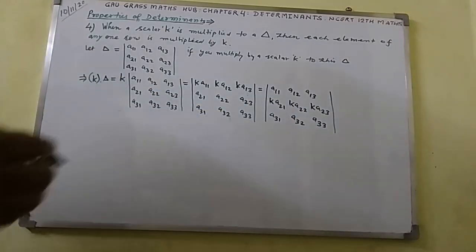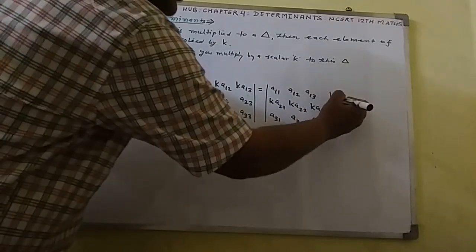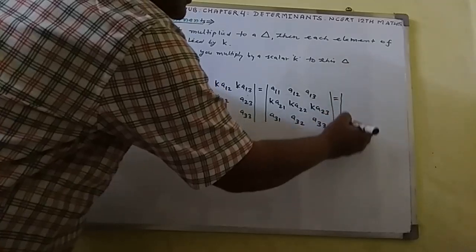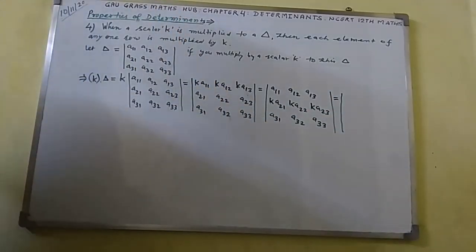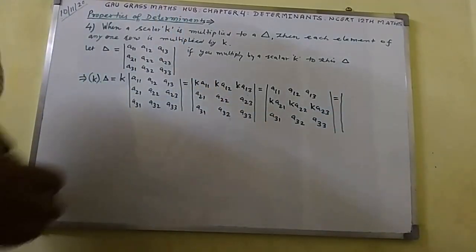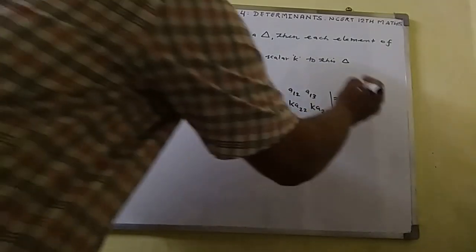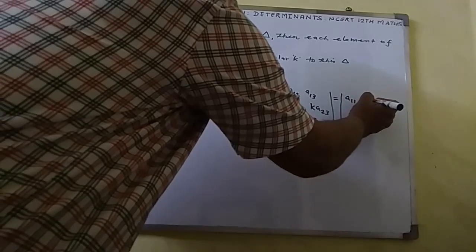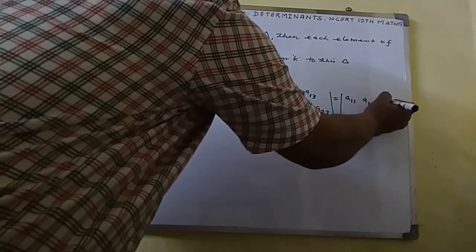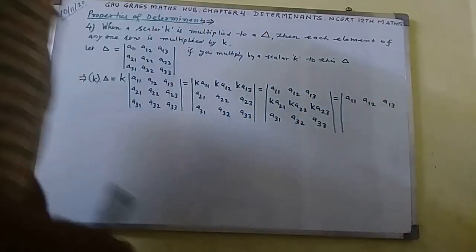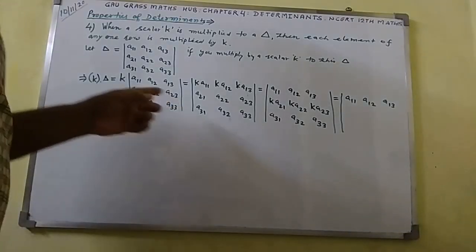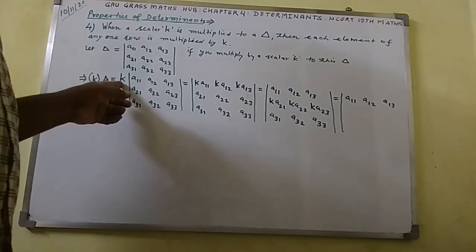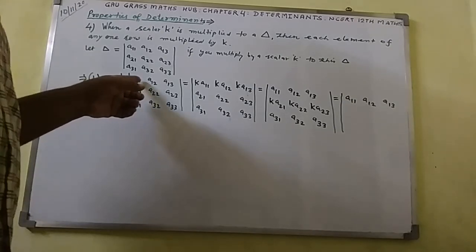Now another form can be, opening of vertical line I have done here. First row I shall write A11, A12, A13. Now here k is multiplied to each element of first row.